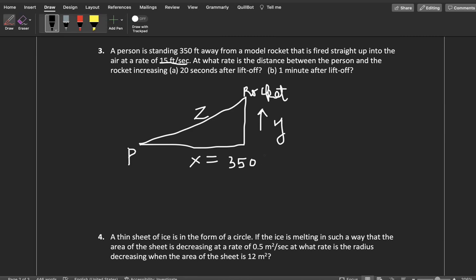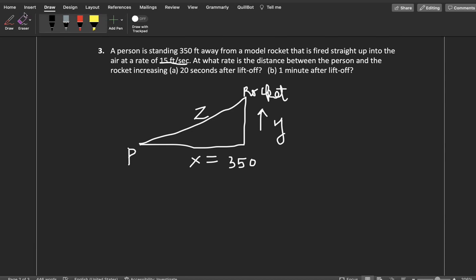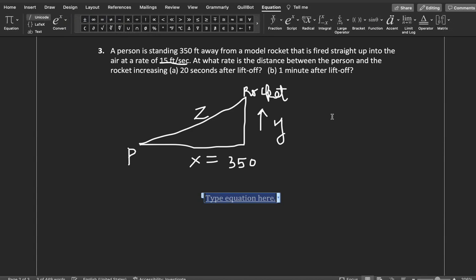So once again, we're given that dy/dt, which is the rate at which the rocket is flying up, dy/dt is 15 feet per second.